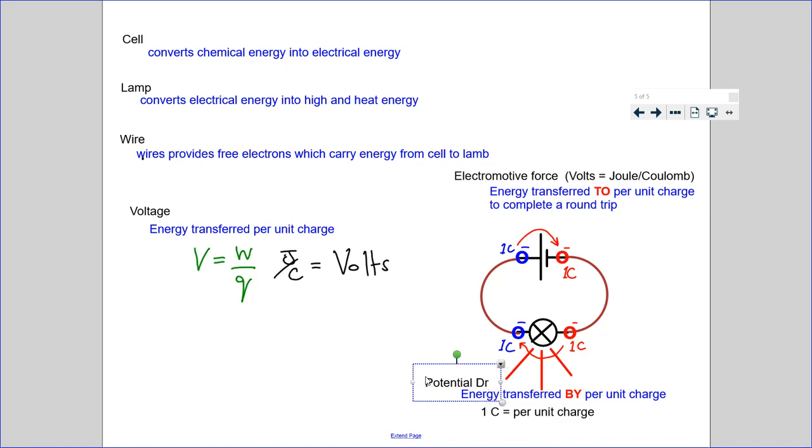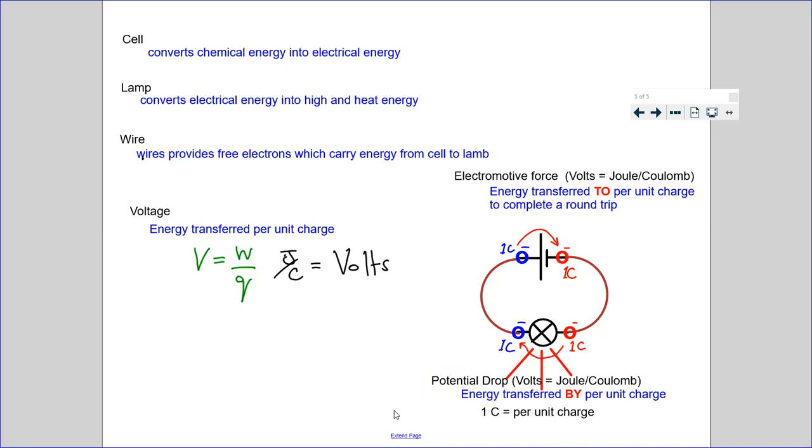How much potential or how much energy is dropped? And it's still the same thing. It is measured in volts. Why? Because it's still the energy transferred per unit charge. Energy is transferred in joule, per unit charge is coulombs. So whether it's potential drop, electromotive force, or just voltage, it's measured in volts.